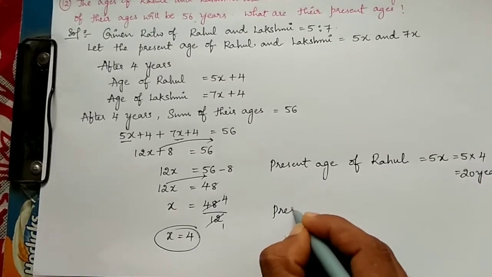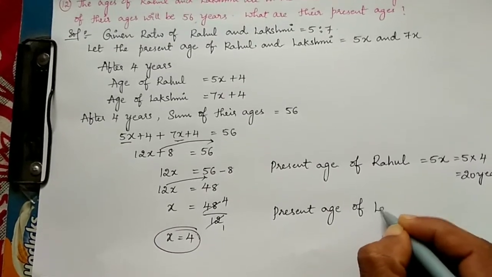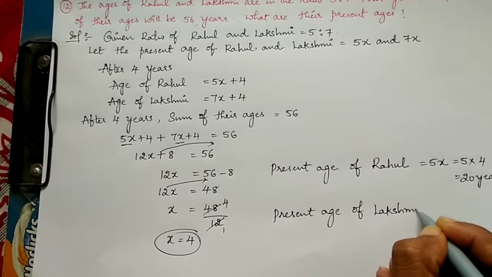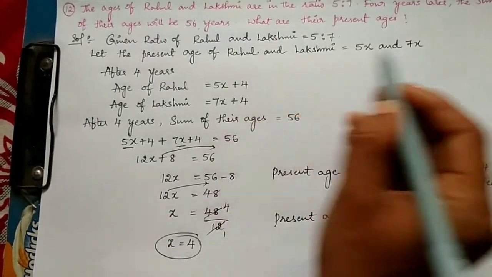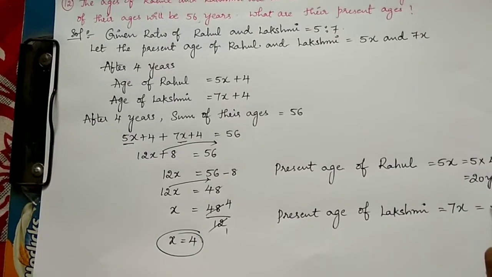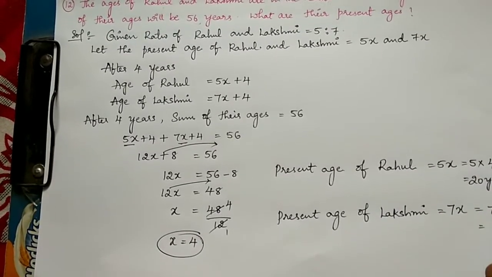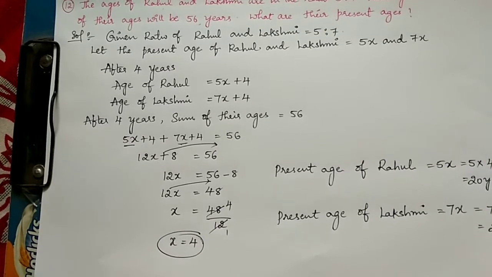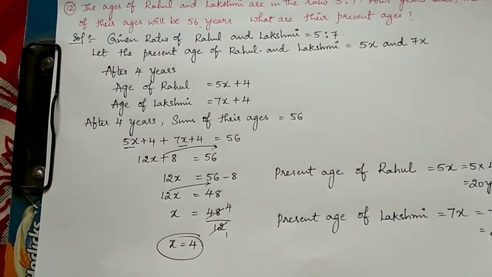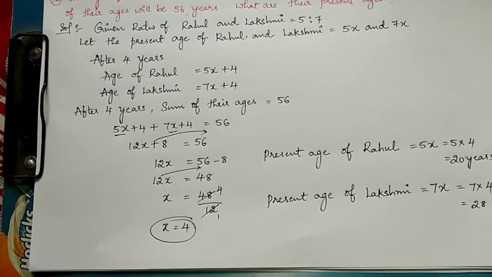Now we find the present age of Lakshmi. The present age of Lakshmi is 7x, which is equal to 7 into 4. 7 4s are 28 years.